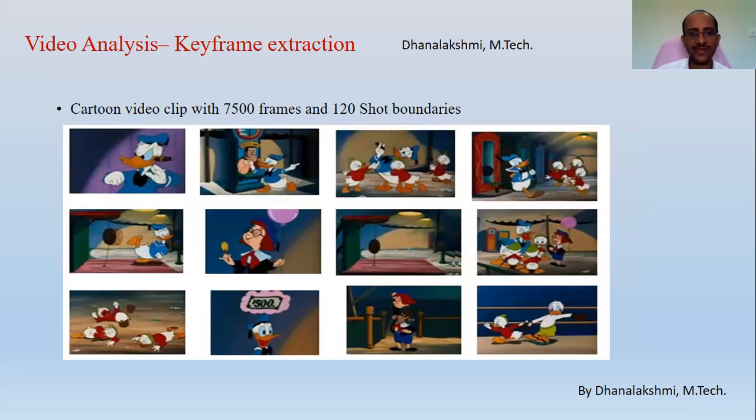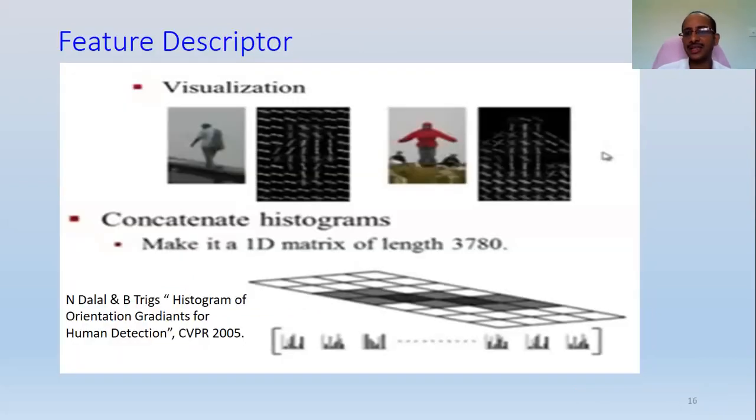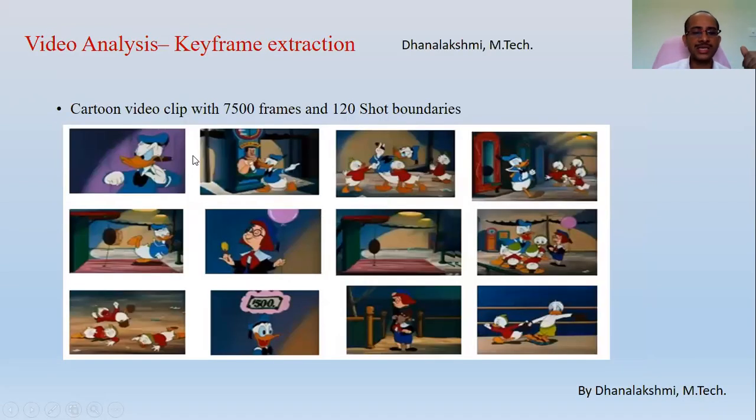Given that kind of features, the problems posed are many, like classifying the object or detecting the object, for example where the face is. Even for that I can use histogram of orientation gradients. Where the hands are, I can use this and so on. The problems can be extended to video processing as well.